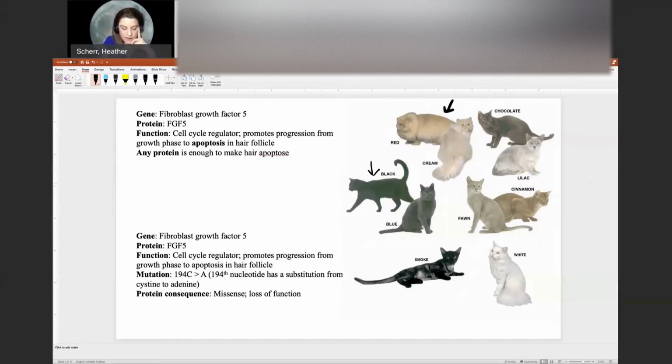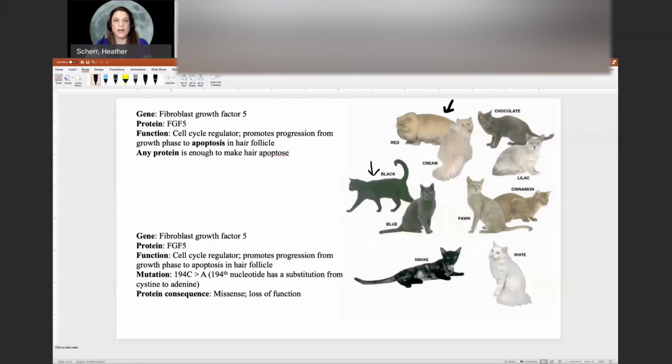So if you have a gene that is promoting programmed cell death of the hair in cycles, would you think that the hair would be long or short if it's promoting death? Long. Why long? Aren't hair follicles dead cells or something? In order for the hair to keep growing, the follicle has to be alive.